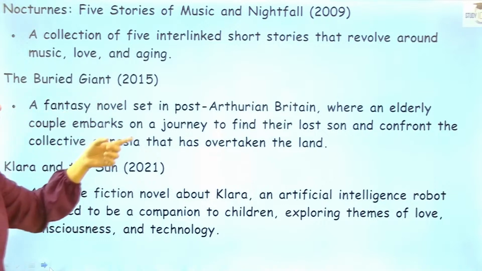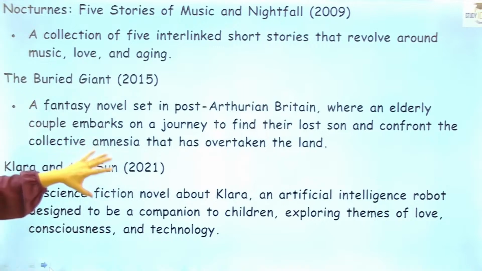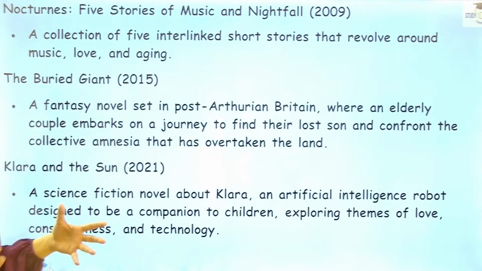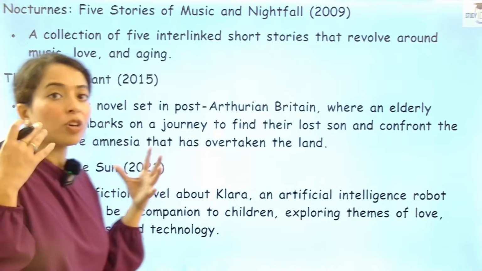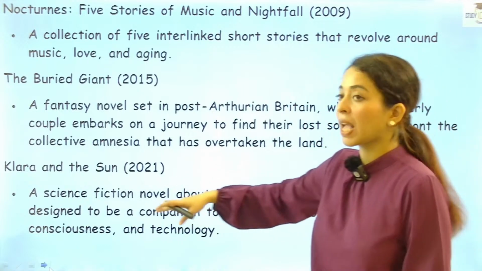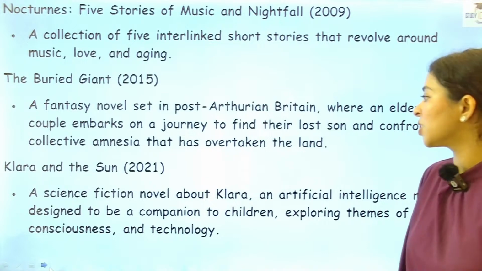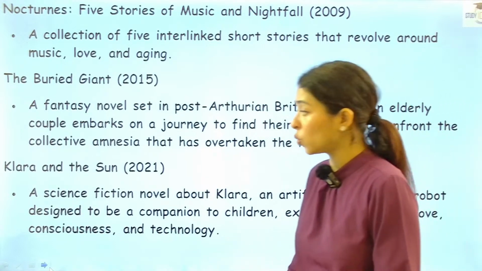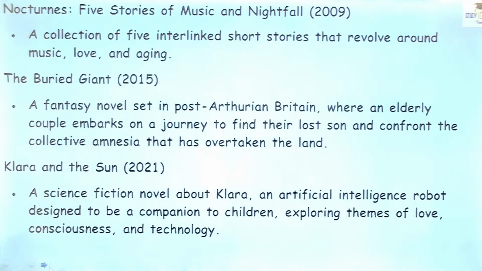It's a fantasy novel set in post-Arthurian Britain where an elderly couple embarks on a journey to find their lost son, and they confront collective amnesia. Amnesia is to forget something. Okay. Clara and the Sun, 2021, a science fiction novel about Clara, an artificial intelligence robot designed to be a companion to children. Okay, science fiction, very relevant, very important. 2021 is his latest work.